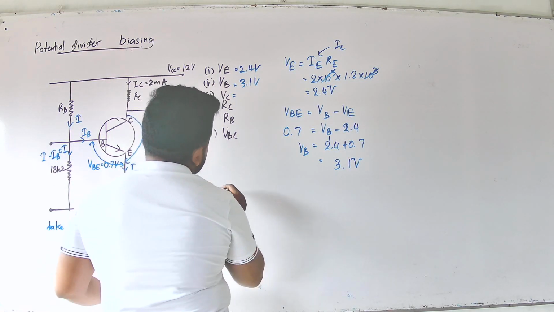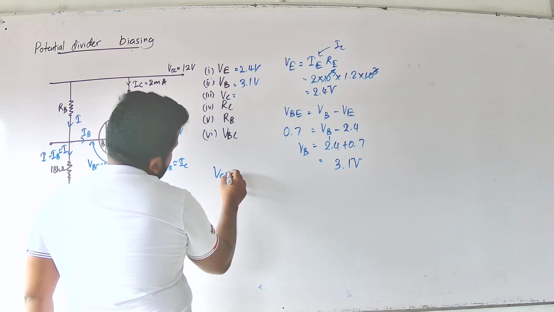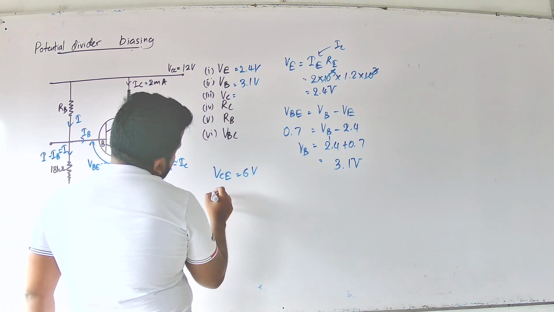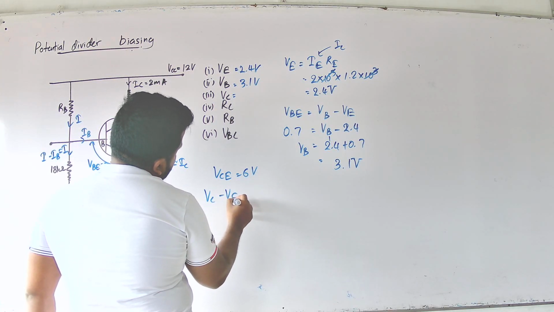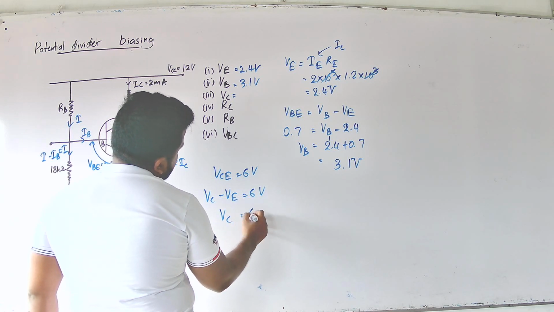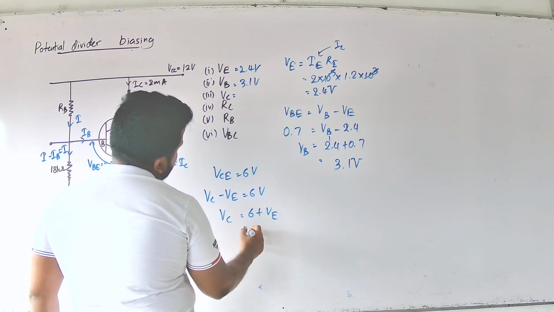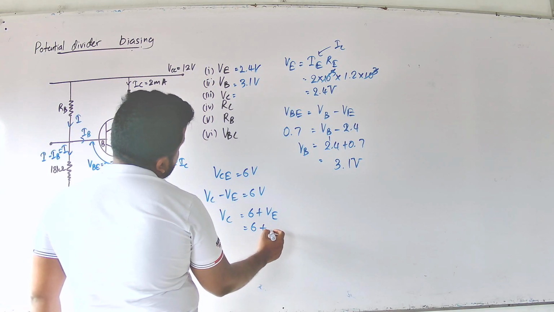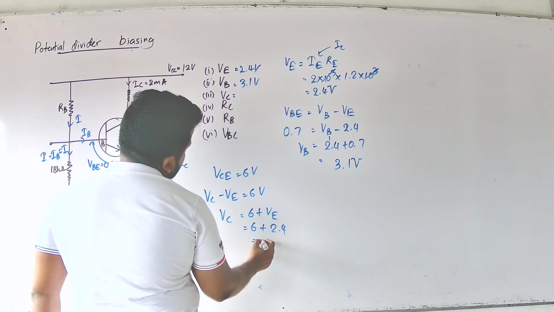VC means VCE equals 6 volt. VC minus VE equals 6 volt. VC equals 6 plus VE. That means 6 plus VE in the 2.4, 8.4.